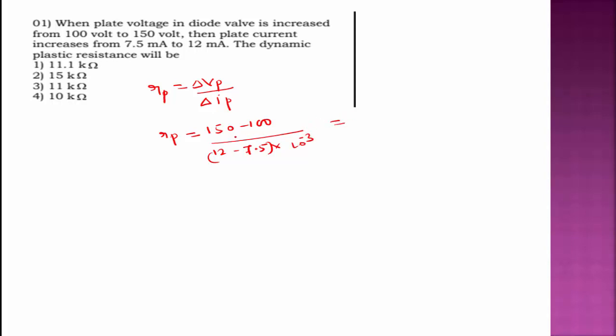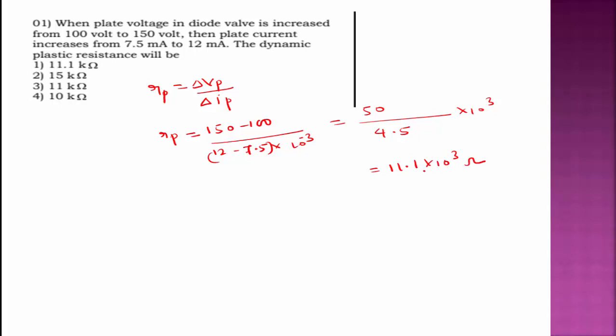It is equal to 150 minus 100, this is 50, divided by 12 minus 7.5, that is 4.5 into 10 to the power of minus 3. 50 divided by 4.5, that is 11.1 into 10 to the power of 3.